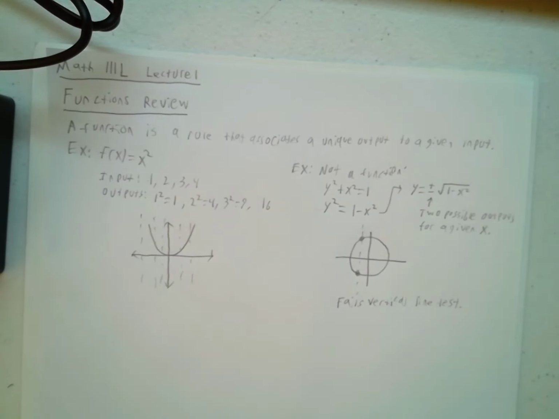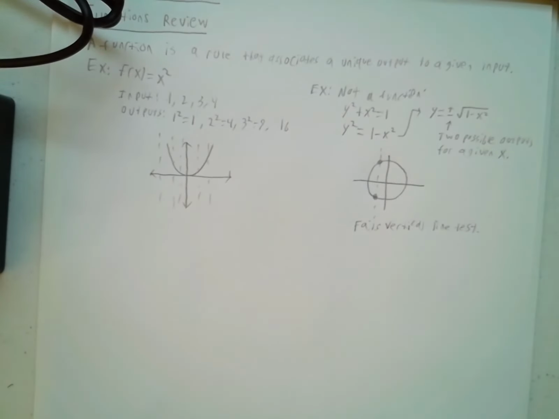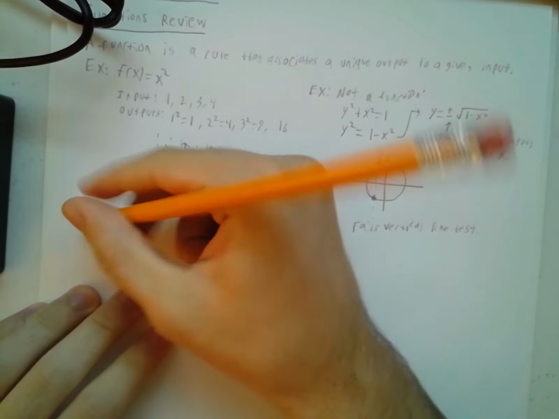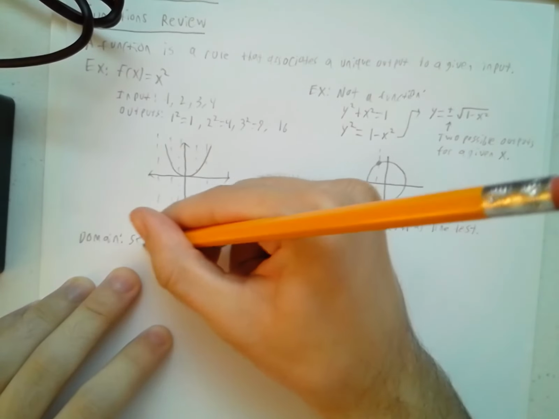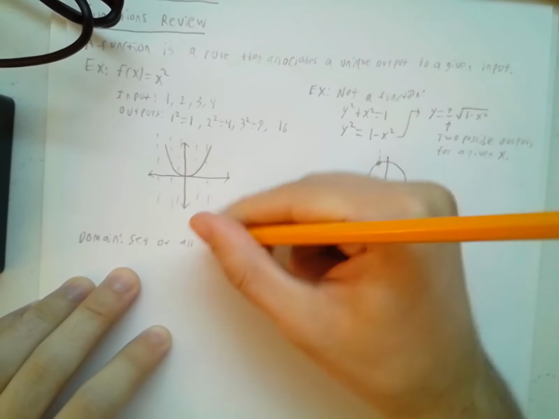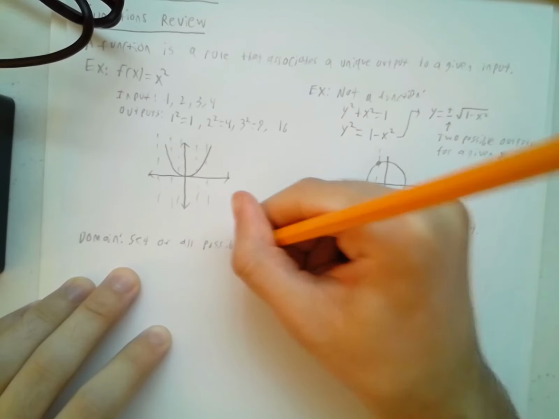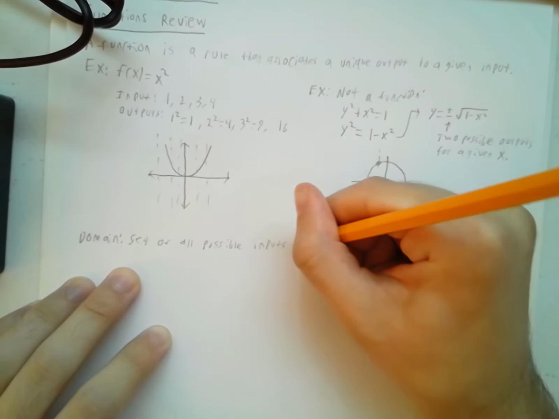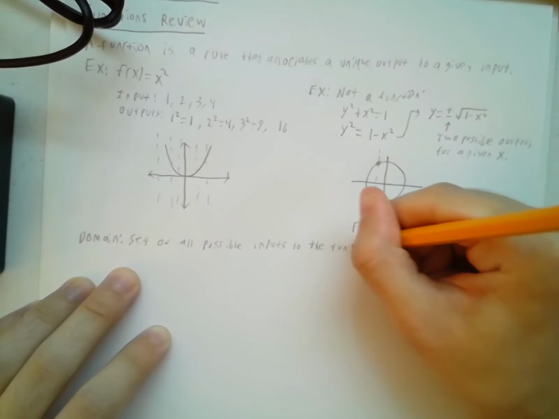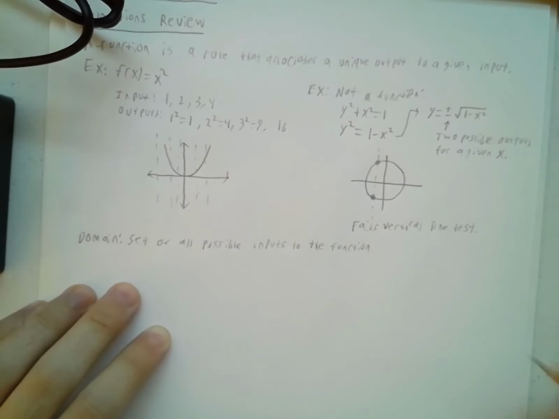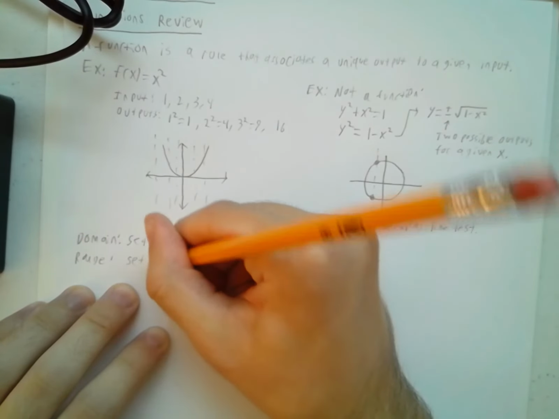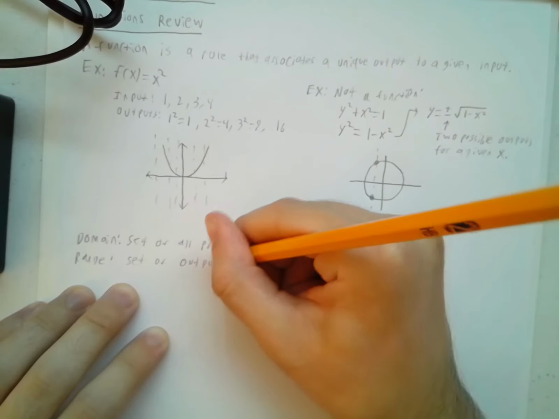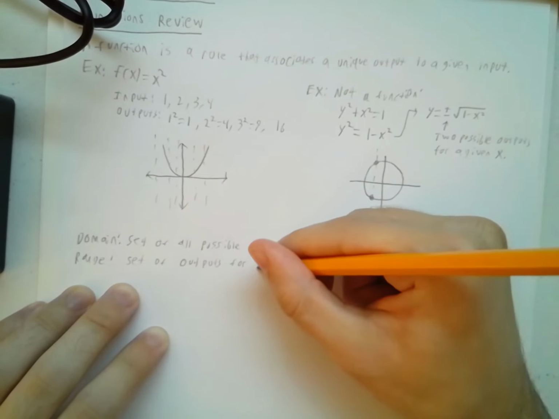Okay, so this is just a quick review of what a function is. And two things that are important to keep in mind with functions are the domain, which is the set of all possible inputs to the function, and the range of the function, which is the set of outputs for the domain.